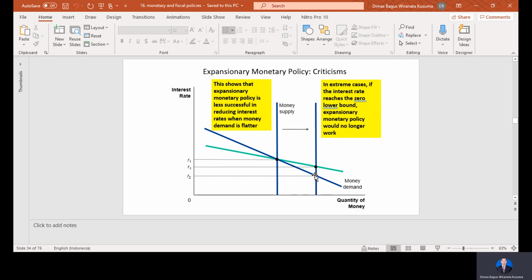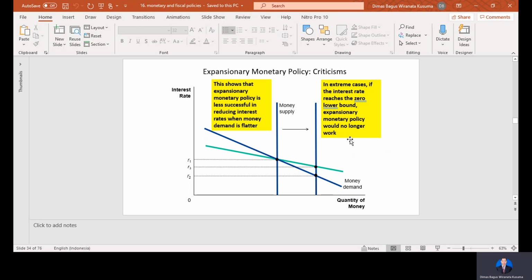But if the money demand is flatter, not steep like this one, then the money supply increasing to the right will have less impact. Here the same shift has less effect on interest rates.